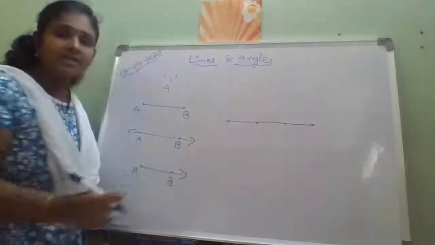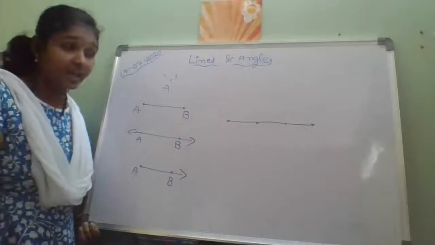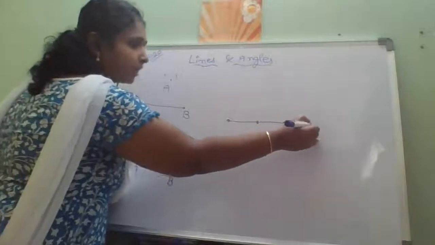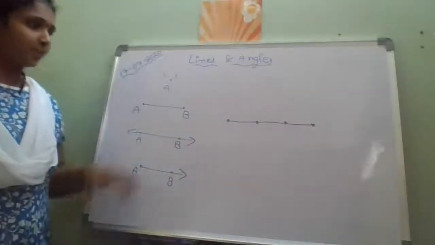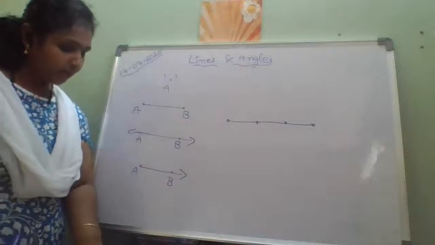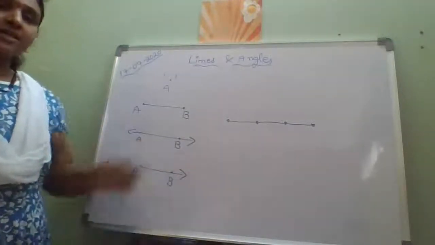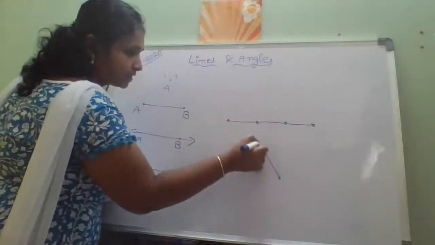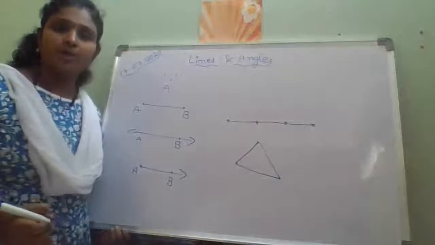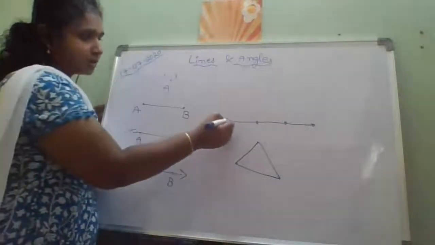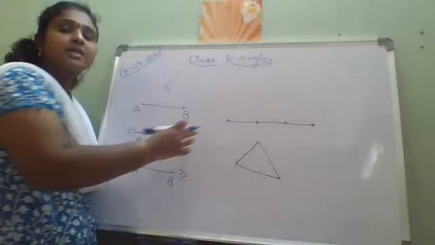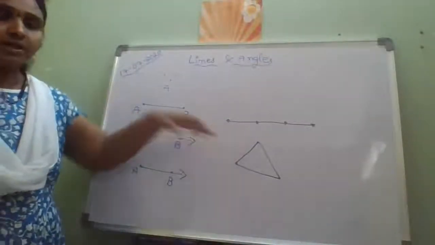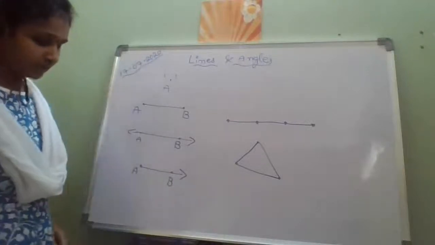These points lie on the same line, so these points are called collinear points. Otherwise, if points lie like this, these points are non-collinear points.